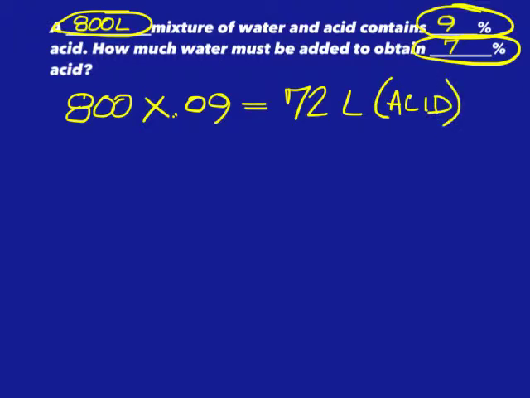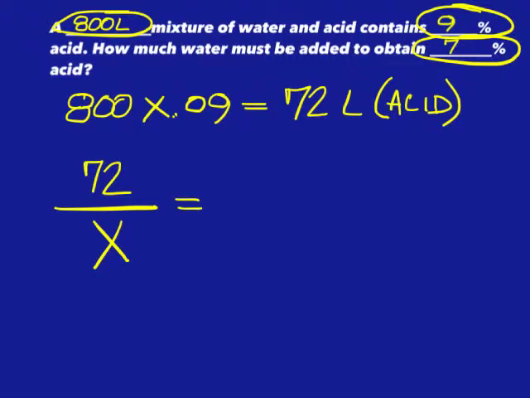So 800 times 0.09, and that will be 72 liters of acid. And now we want to find out what the new total is. So if we start with acid, and that is 72 liters, and we know that the percent of the acid is going to end at 7%.